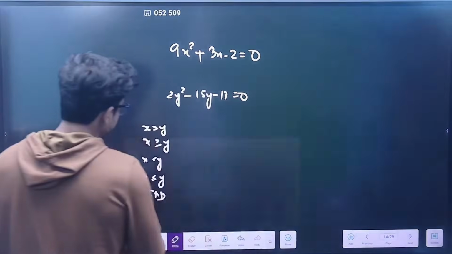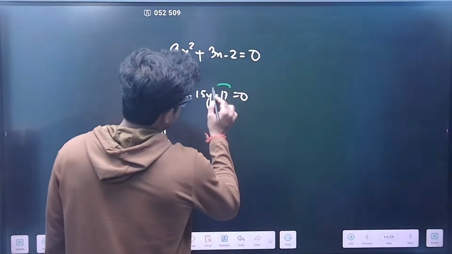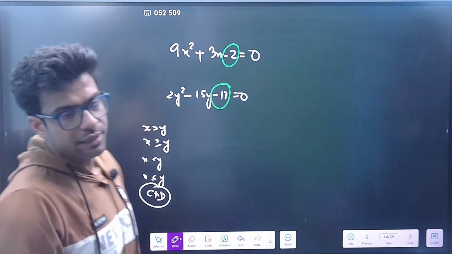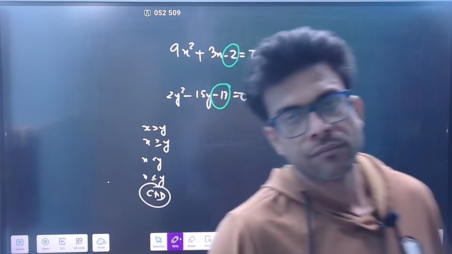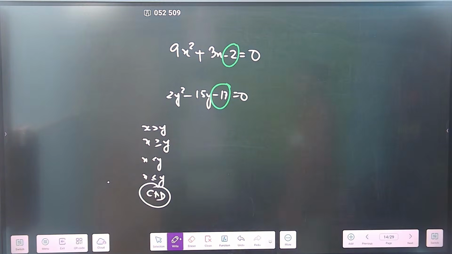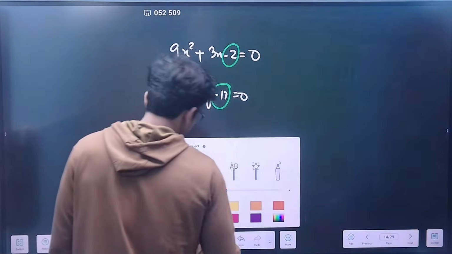The answer again would be C and D. Why? Just now I said this sign is negative and this sign is negative. If it is like that, the answer is always C and D. Basically you can write: constant terms having a negative sign, answer is C and D.